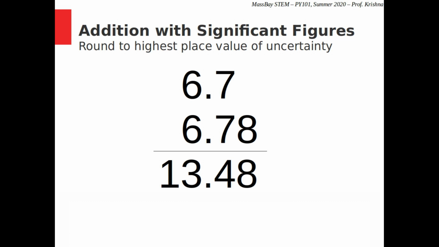The uncertain digit in the second is the 8, and it's in the 100ths place. The tenths place is a higher place value, so we need to round our result to the nearest tenth when we report it. This is the rule for adding numbers with differing significant figures. The highest place value to contain the uncertainty is the place that you round to when reporting the number.